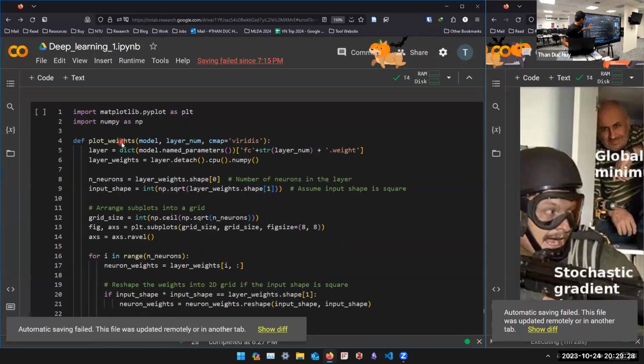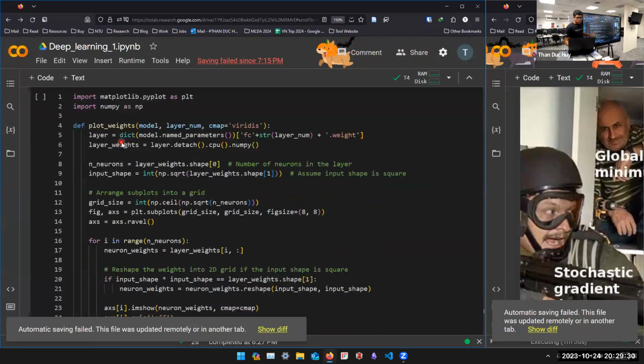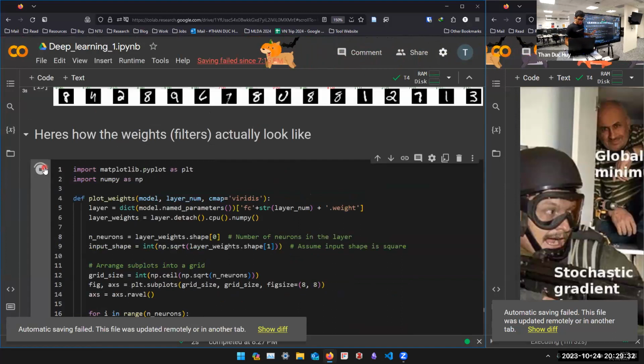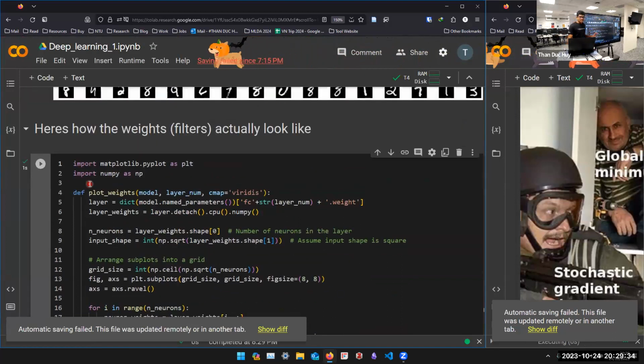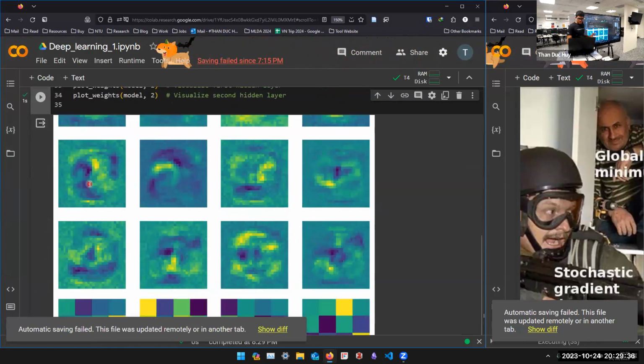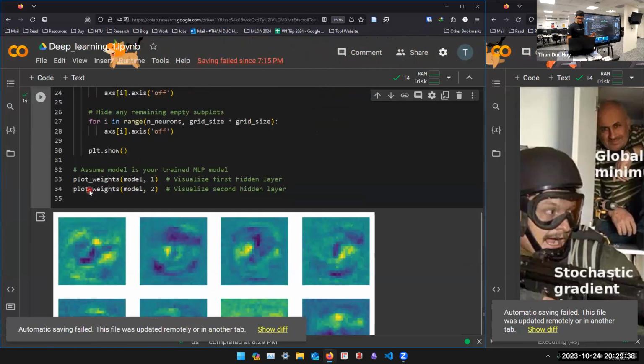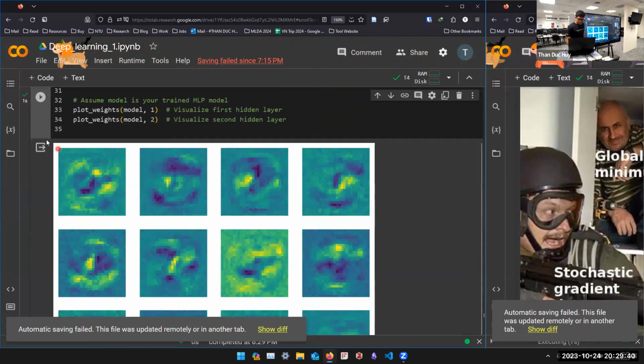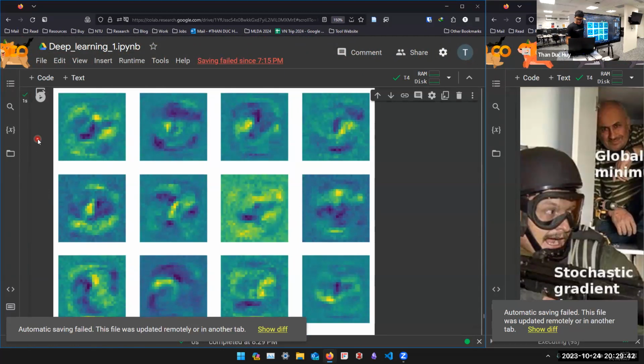Okay, so now we spoke about the weights, right? So I want to show you what those weights look like. Okay, so we have 16 perceptrons.